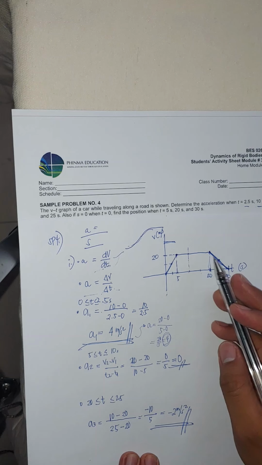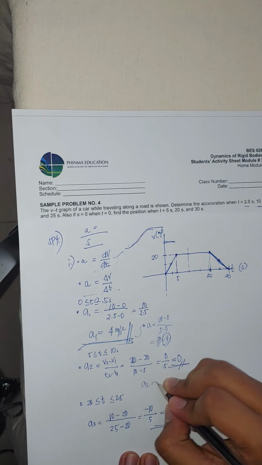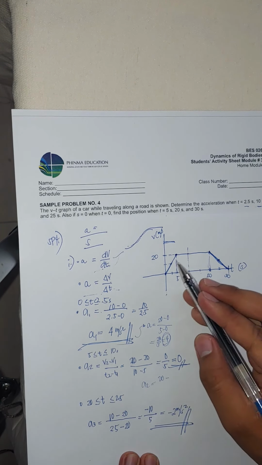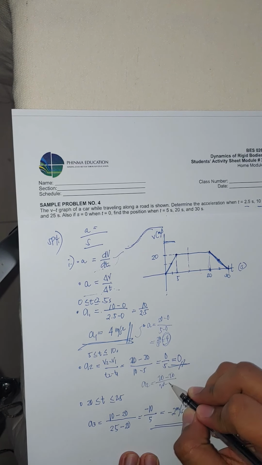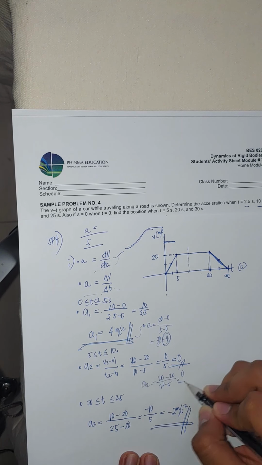At 25, the velocity is 20 minus, at 5 seconds the velocity is 20, then the time is 20 minus 5, so this is still 0.